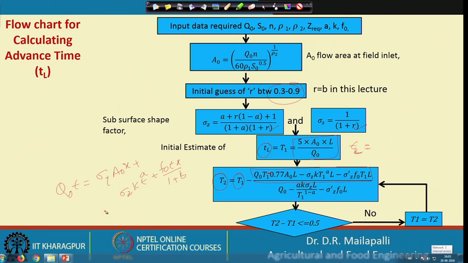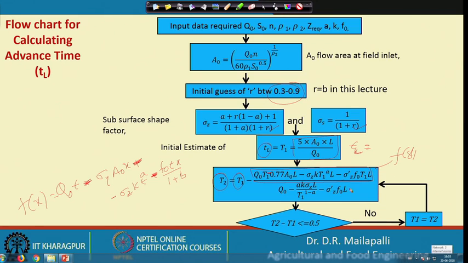So, this is the equation. Let us say this is a function of x. This is negative and this is again negative, all negative. So, the same thing here: Q naught T 1 minus 0.77 A naught into L minus sigma z into k T power L minus sigma dash, that is 1 by n, f naught into T 1 into L. Okay. So, this is the function f of x.